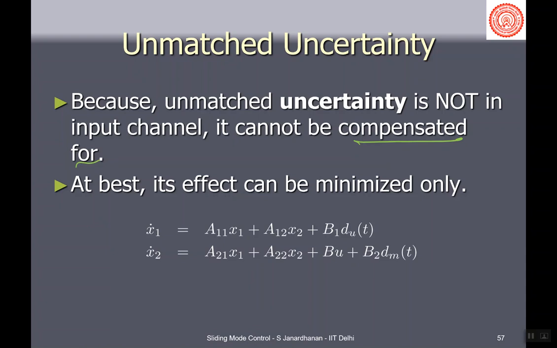You can only hope to minimize it, by an appropriate control that effectively removes the matched component and only minimizes the unmatched disturbance component. There is some literature on minimizing the unmatched disturbance, but the amount of literature on unmatched uncertainty is much less than the amount of literature that handles matched uncertainty.